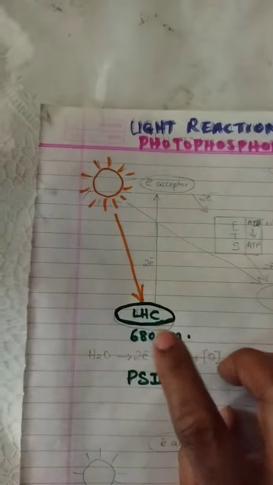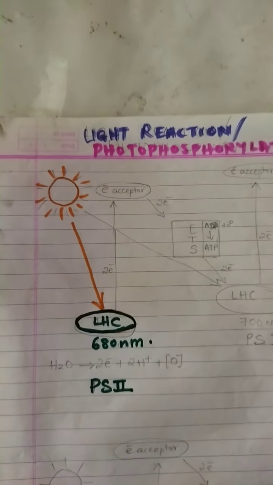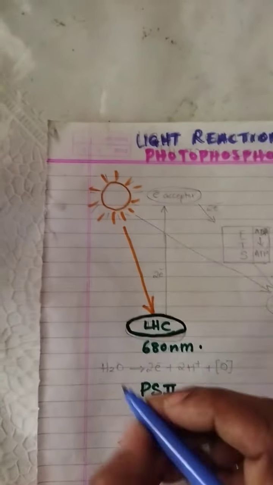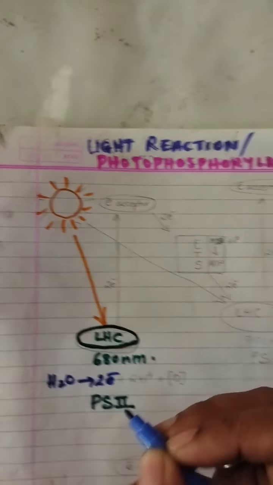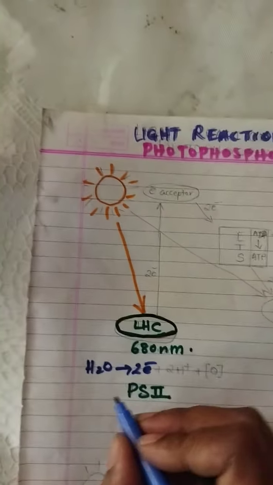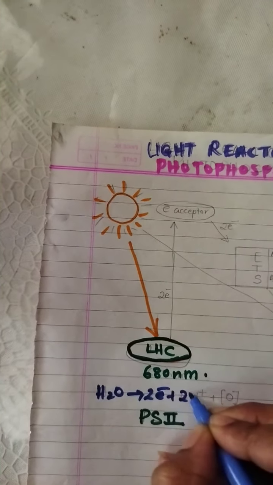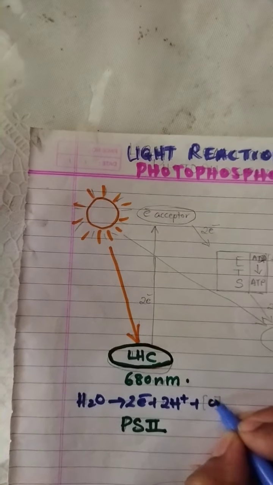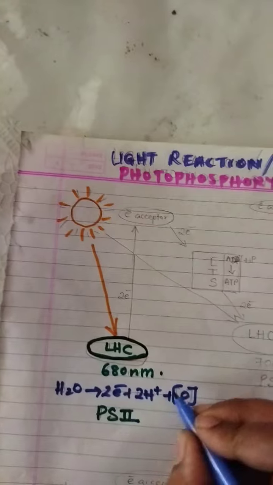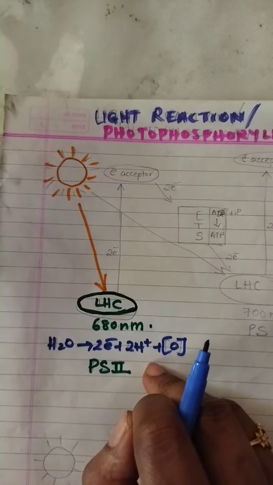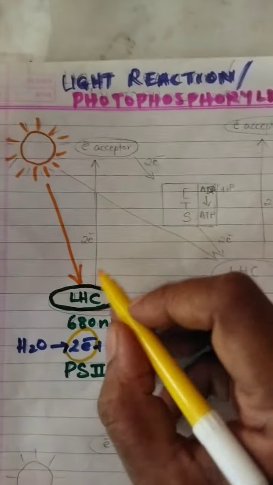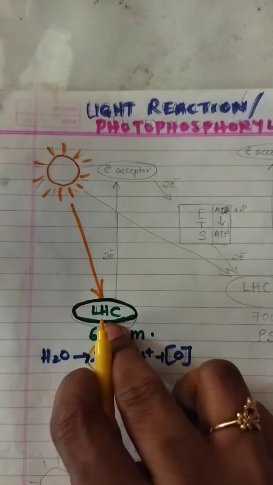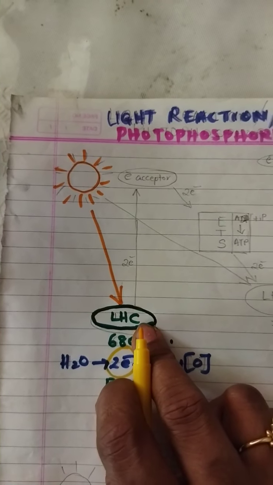Followed? At this time, what happens is a chemical reaction generates two electrons. So H2O molecule gets split and two electrons are generated along with two protons and nascent oxygen. These two electrons are utilized here at light harvesting complex.